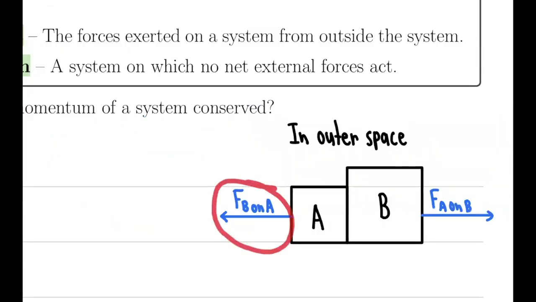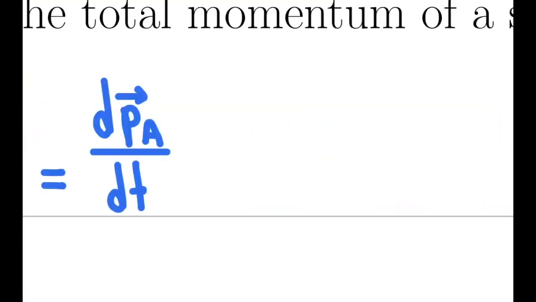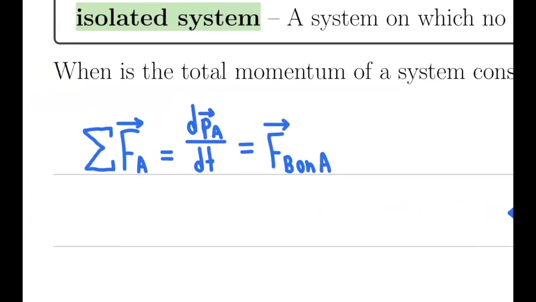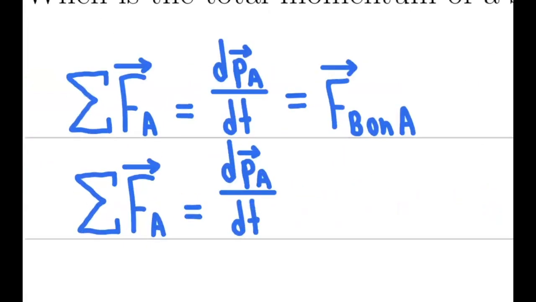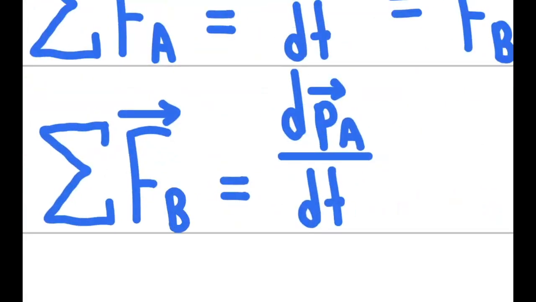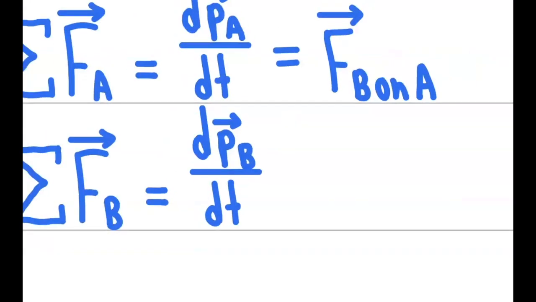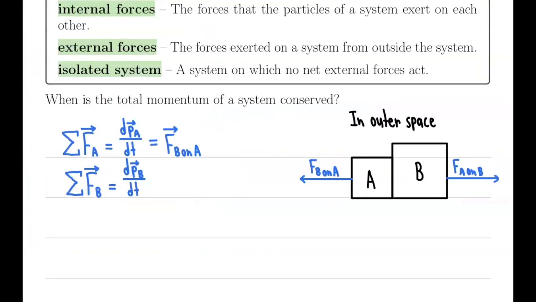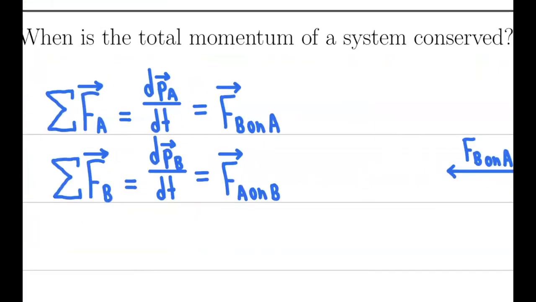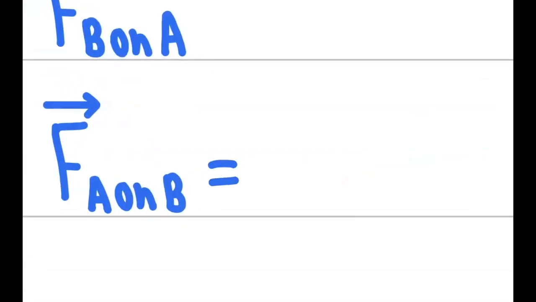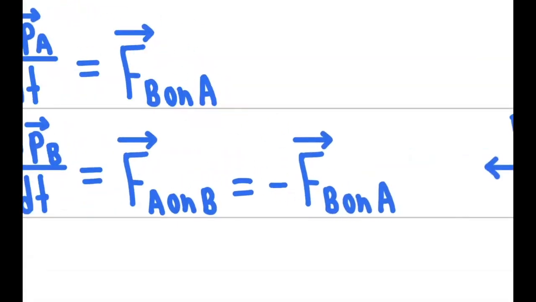FB on A. Yeah, we just have FB on A. So this equals FB on A. And we can do the same thing for block B. So the sum of the forces on block B equals the derivative of PB with respect to time. So the only force on block B is FA on B. And remember from Newton's third law that these are action reaction pairs. That means that this equals negative FB on A, right?